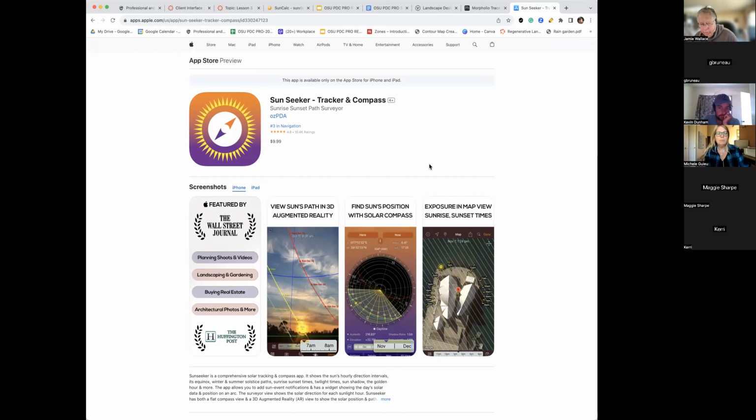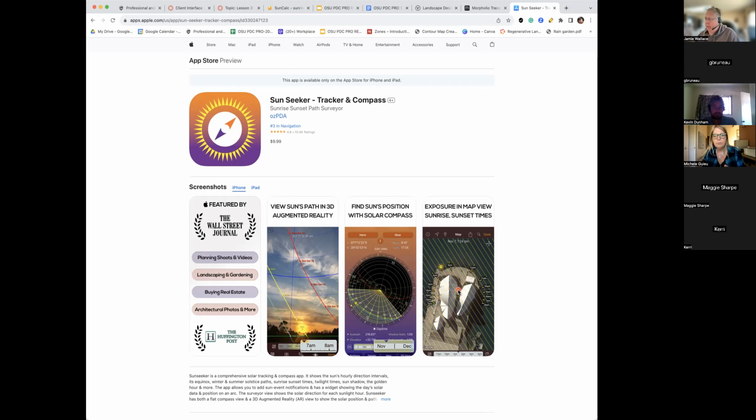I use it on an Apple phone, but I think it works on Androids as well. And it has a couple of different modes that are really helpful. And one of the ones I really like here, well, you can see the sun path, right? So that's going to be very similar to what we're looking at.